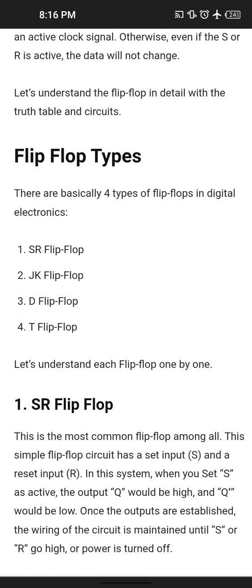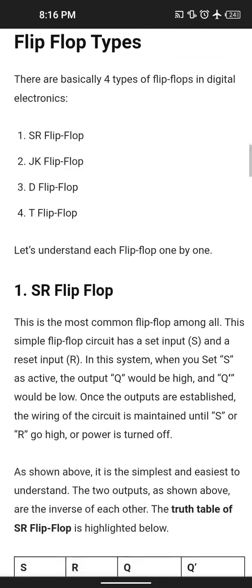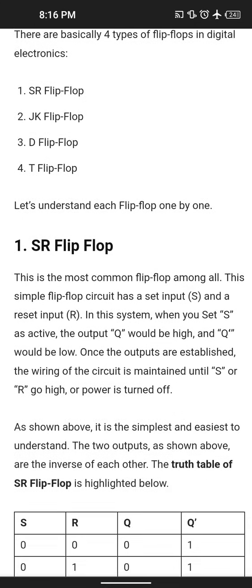Flip-flop types. There are basically four types of flip-flop in digital electronics: SR flip-flop, JK flip-flop, D flip-flop, and T flip-flop. SR flip-flop. This is the most common flip-flop among all.